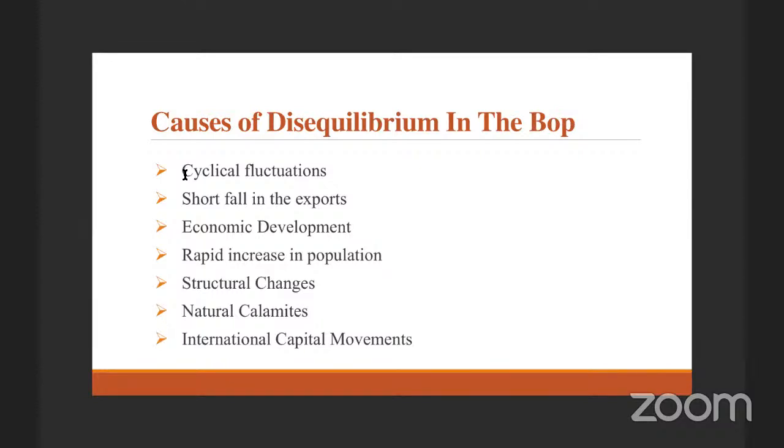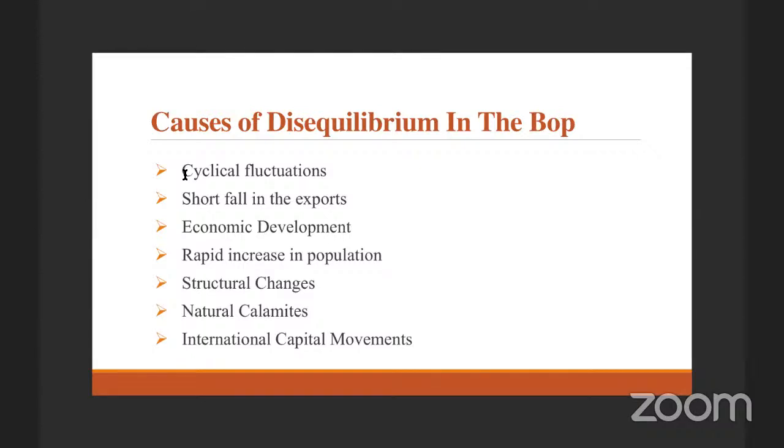And just before coming to the class, I was looking into the fate of rural Germany, okay? The situation is so grave, there's no power and there's no food to eat, and they're just surviving. That's natural calamity. International capital movements.